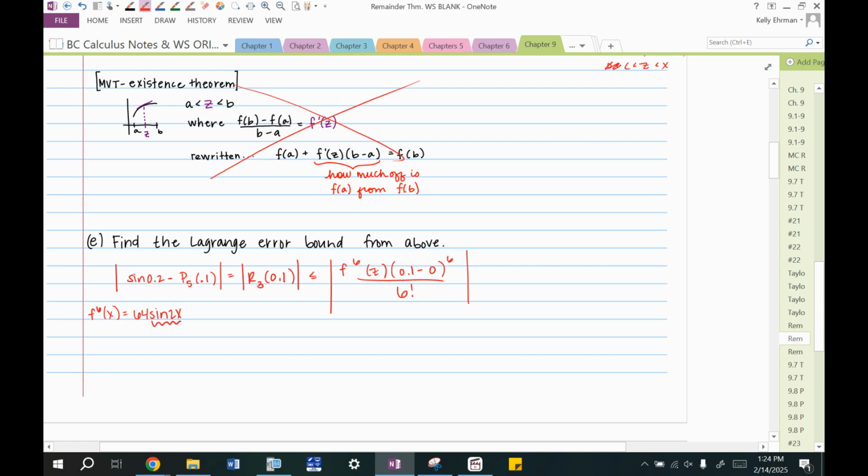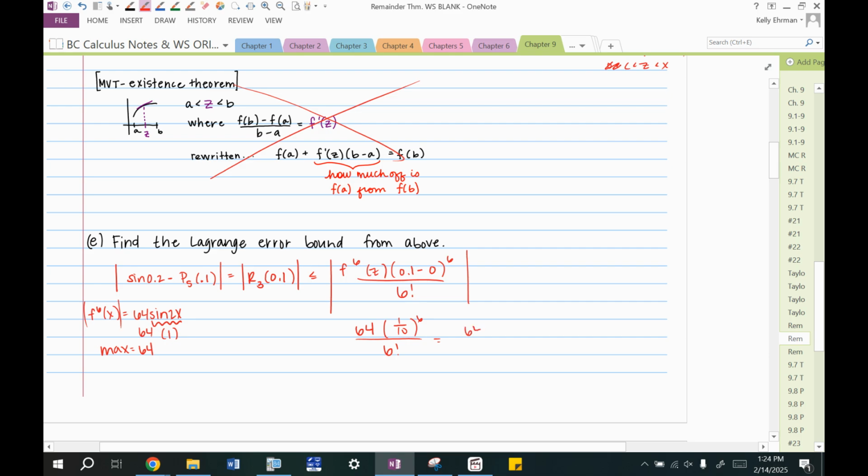The max that this could be is 1, and we have a 64 out in front in absolute value. So the max this could be is 64. Not just 1, because there's an extra coefficient out in front. All right, so this is 64 times 1/10 to the 6th over 6 factorial.